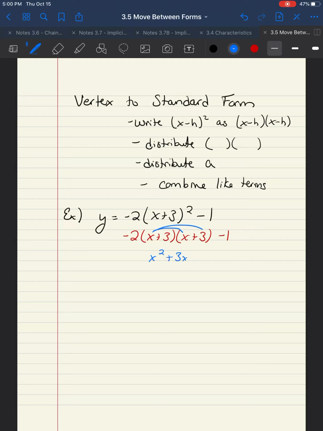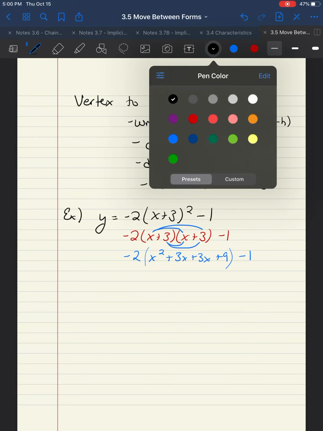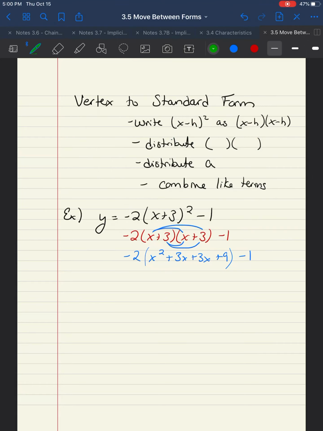Now I'm going to distribute those two sets of parentheses. x times x, x squared, x times 3, 3x, 3 times x, 3x, 3 times 3, 9. I'll put that back in parentheses, and I'm going to bring down my times -2 minus 1 that I haven't dealt with yet.